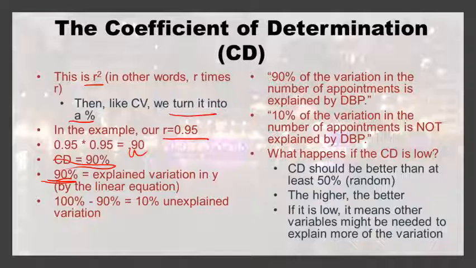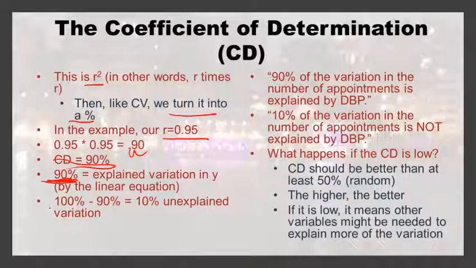That's pretty fascinating. But anyway, what do you do with the remainder of that percentage? After we figure out our CD, we already know 90%, but what's with the remainder of the variation?